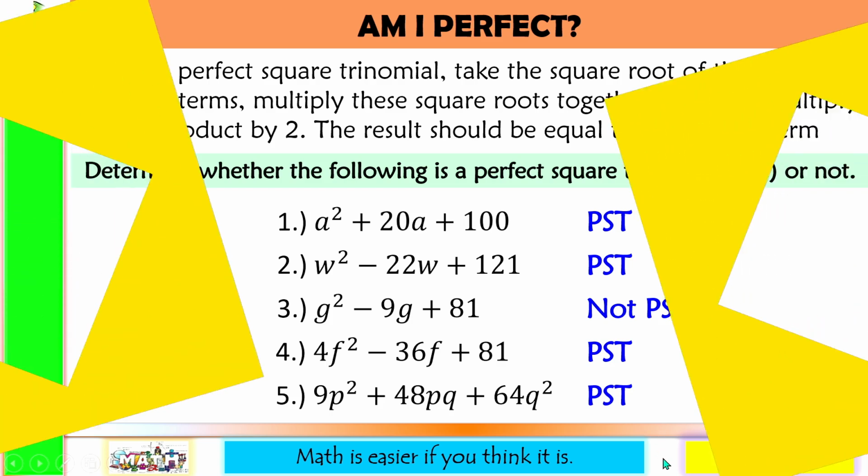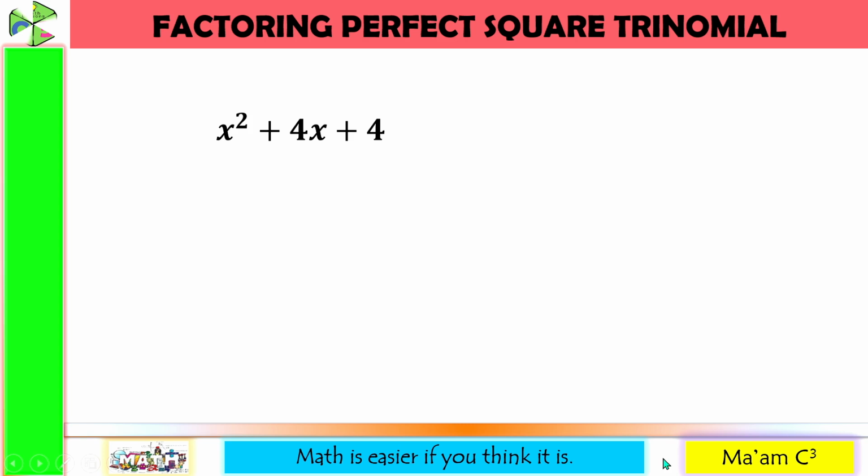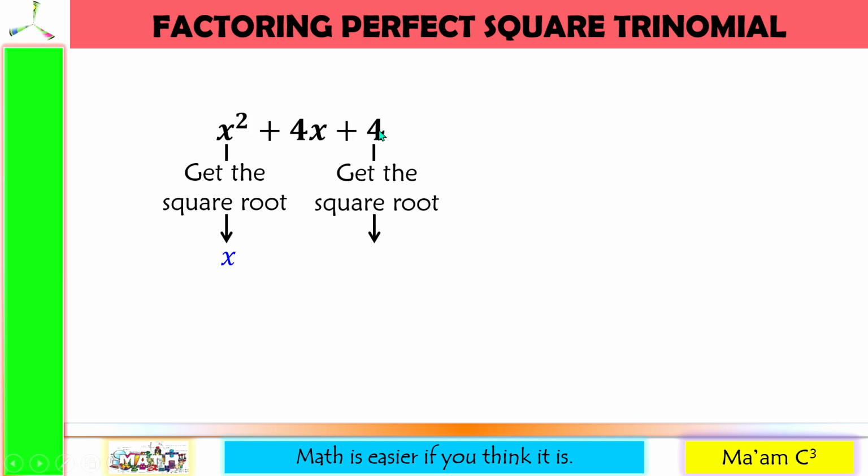So how do we factor a perfect square trinomial? Here are the steps. Again, let's take the square root of the first term. So this is x. Square root of the third term, the square root of 4 is 2. We have to check first if the given is a PST. And to do that, let us multiply these two and multiply them by 2. So x times 2 will give us 4x.